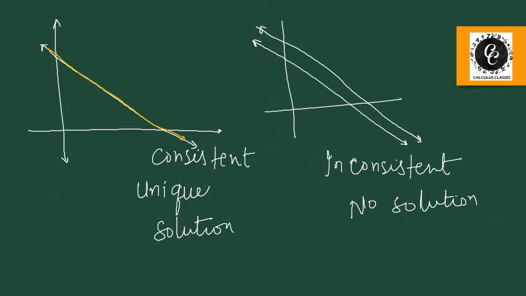That means they are following the same path. So in this case the system is consistent and has infinitely many solutions. How many solutions will there be? Infinitely many solutions. What is the reason? Because they are intersecting each other at infinite points.